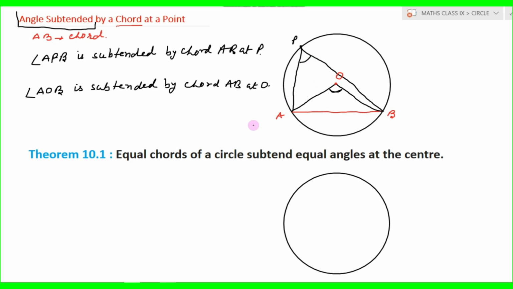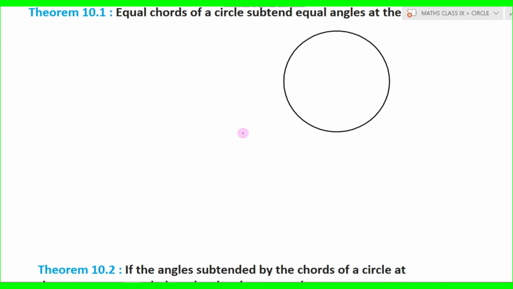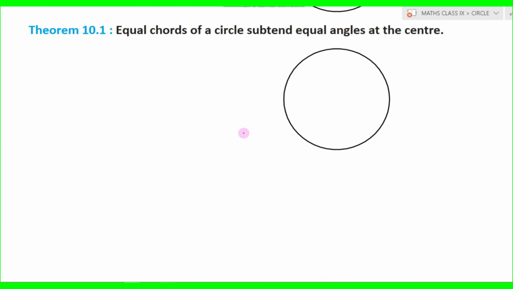Okay, so this is the basic concept we need for the further concepts of this chapter. I am coming to the first theorem. The first theorem related to this is: equal chords of a circle subtend equal angles at the center.